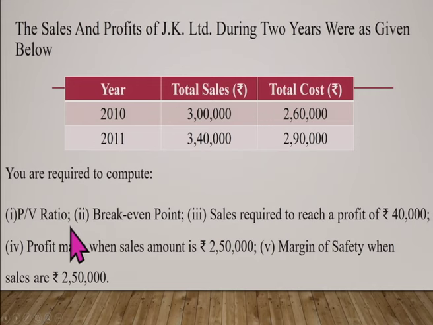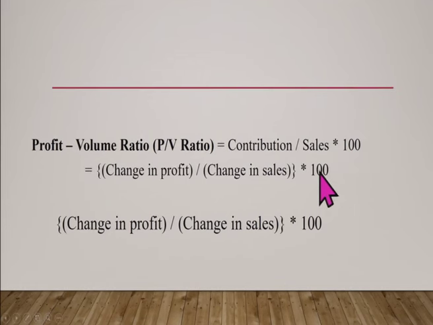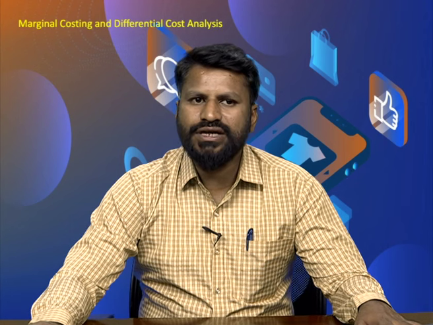Next one is the break even point. The same procedure we are going to follow. Once you know the PV ratio, we have to calculate the fixed cost. The previous problem and this problem are very similar, but in the previous problem they gave only sales and profit, but in this problem they gave cost and total sales.